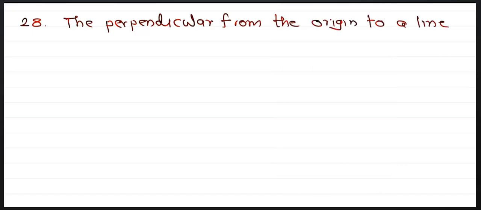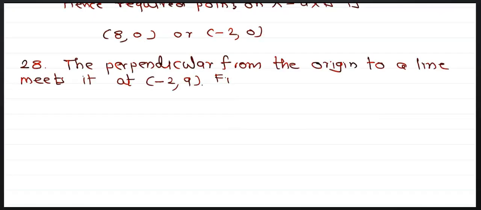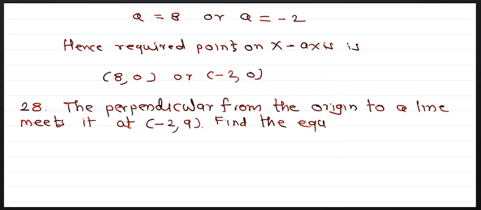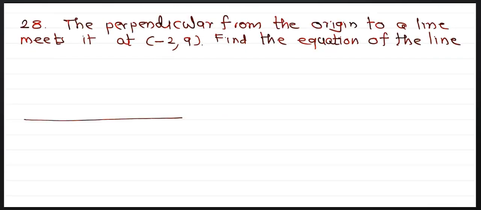The perpendicular from the origin to a line meets it at (-2, 9). Find the equation of the line.